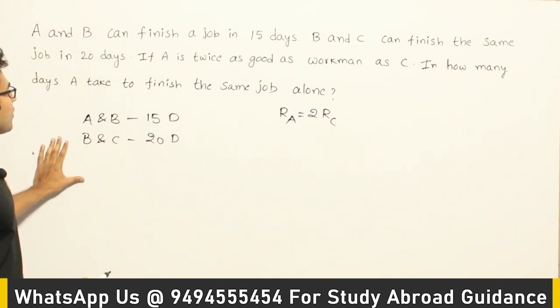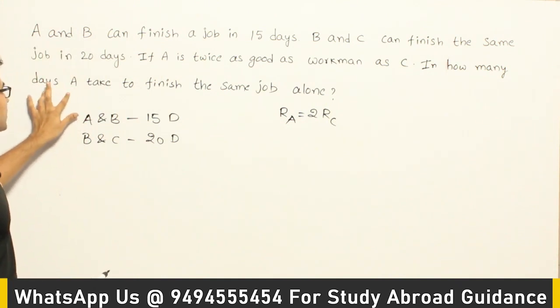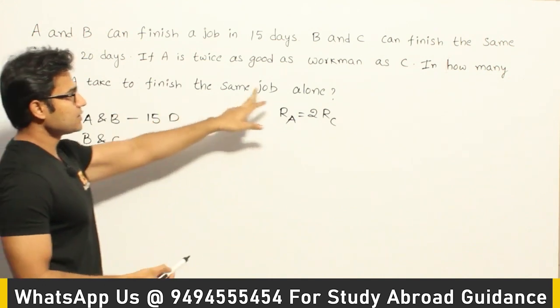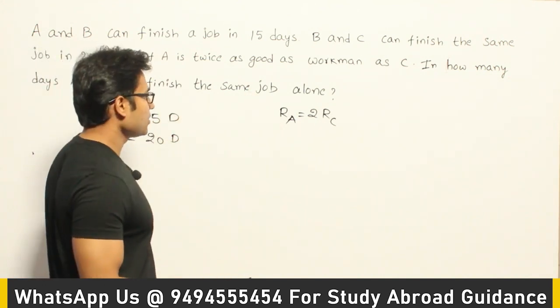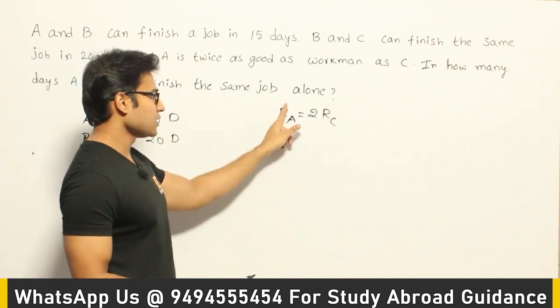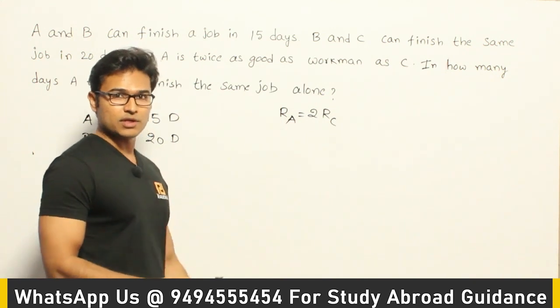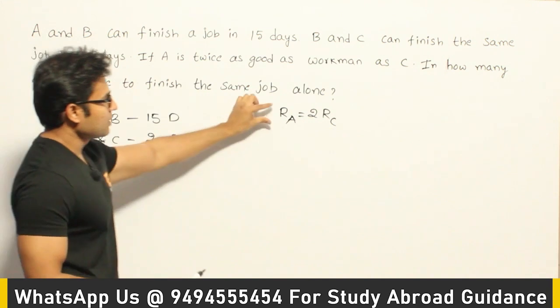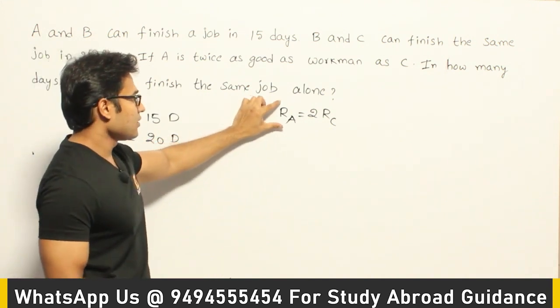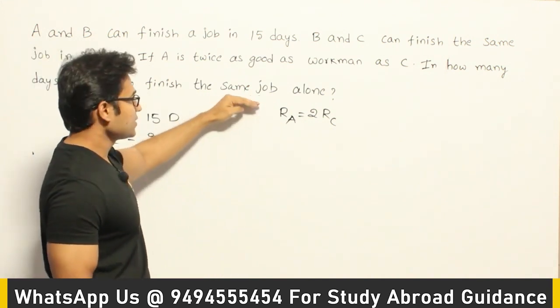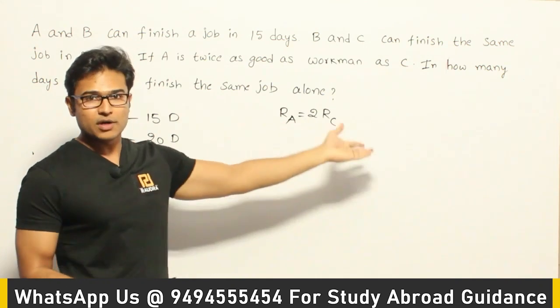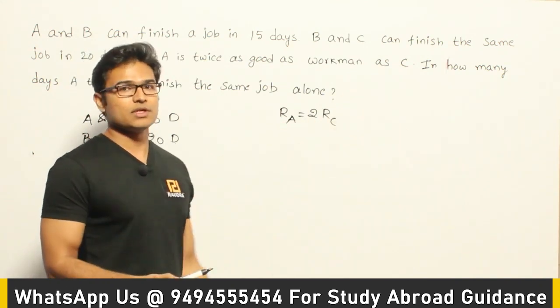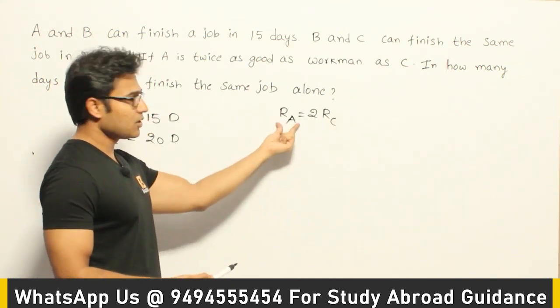Okay, now they are asking how many days A will take to finish the same job alone. So in order to find it out, you are supposed to find the rate at which A is working and also the total work, right? If you can assume some work, then the final number of days will be constant depending on the rate.